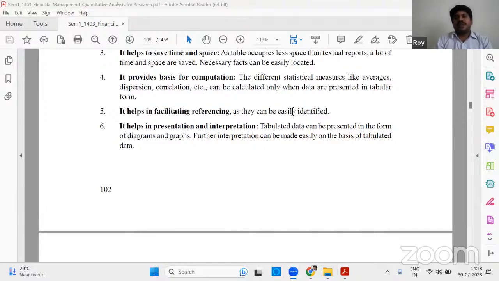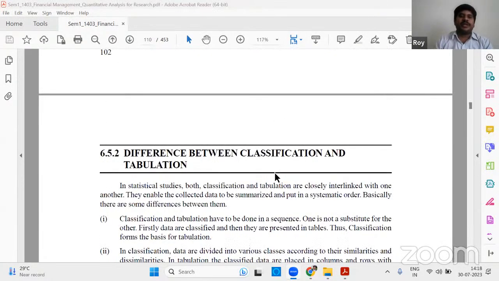Simple. In Excel, apply the formula: maximum is equal to MAX, open the bracket, select the cells, close the bracket. Who got the least score in statistics? I do not need to count. Automatically Excel will calculate that. Tabulation will help in that.